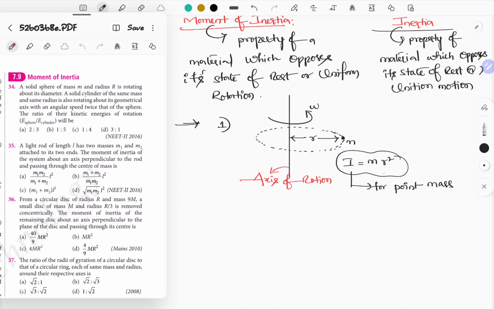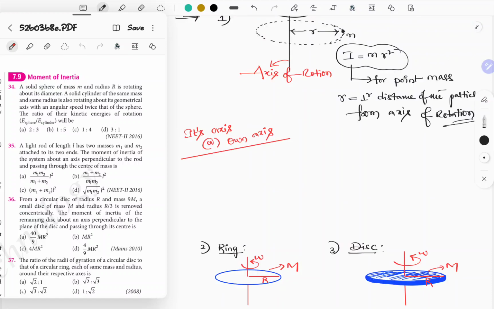Remember this. What is r here? r is the perpendicular distance of the particle from the axis of rotation. Hope you understood. So this is applicable for a point mass. Remember.